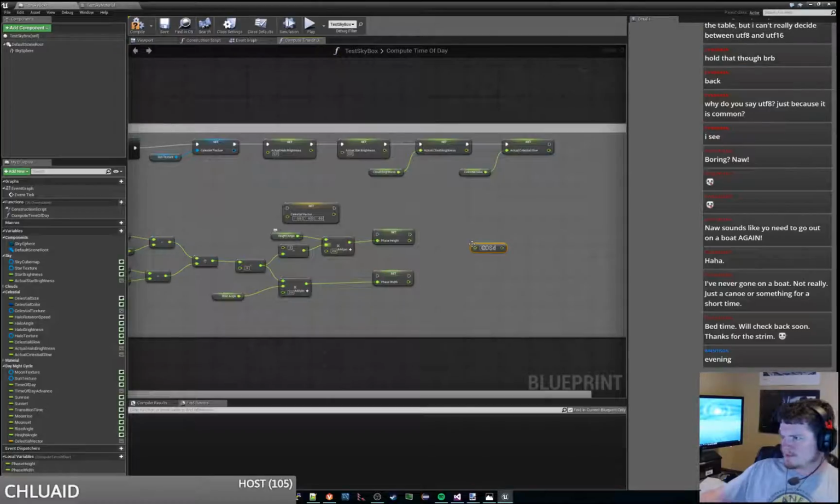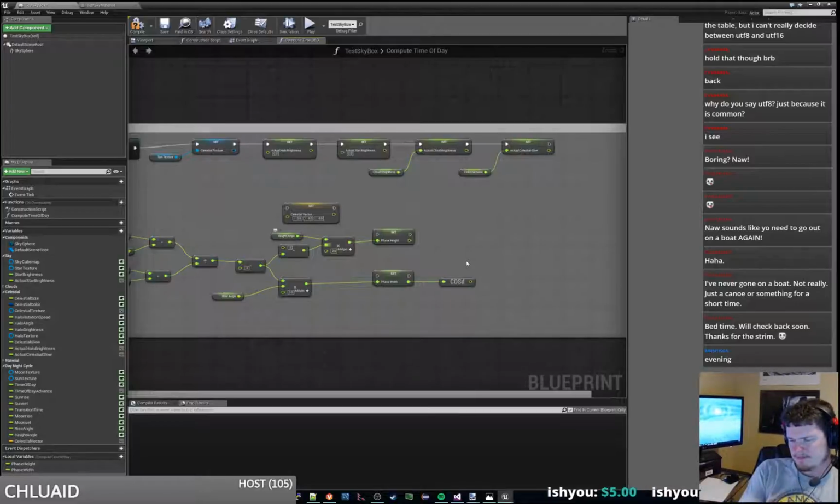Cosine in degrees of this thing. And that's going to start at what? 90 degrees. It's going to be starting at 1, and it's going to go to 0.